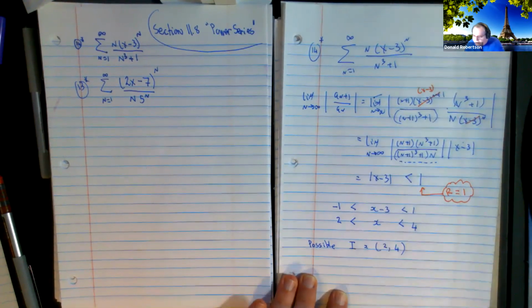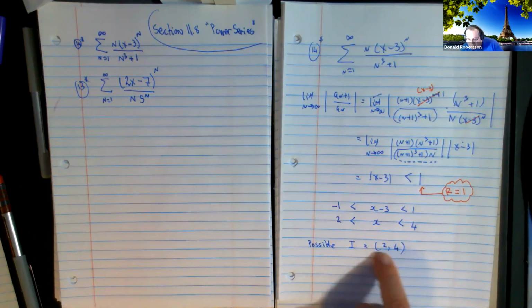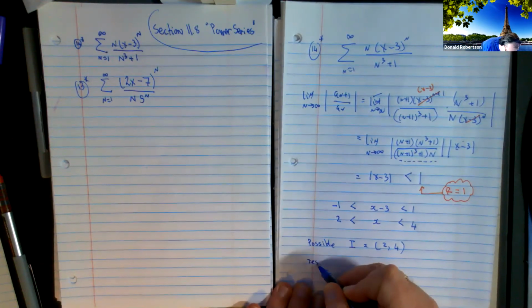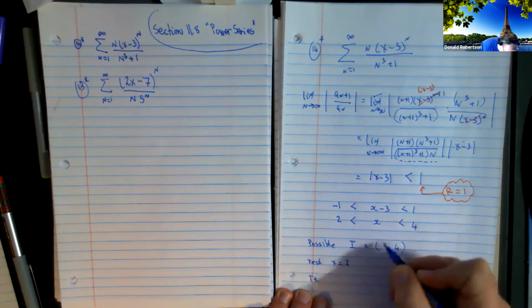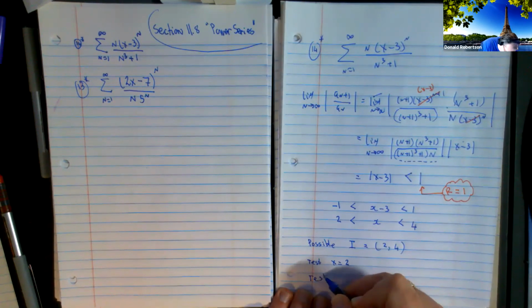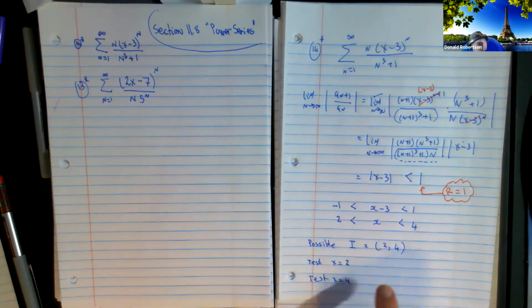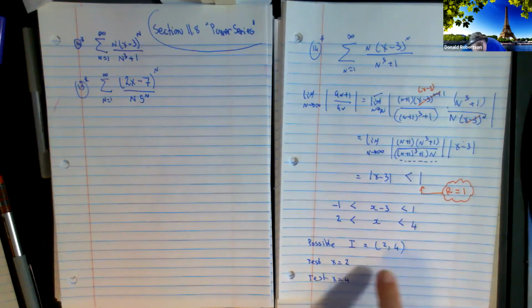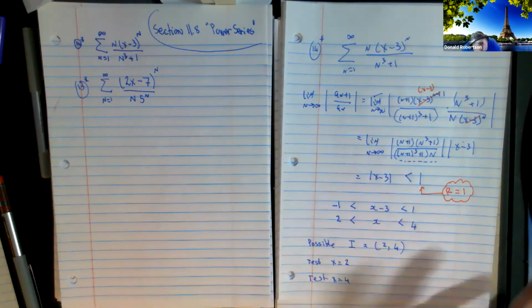So this power series will converge as long as x is between 2 and 4. And then we test x equals 2, that's this endpoint, and we also have to test x equals 4, this endpoint. And we may or may not get a convergence on either or both of these. And if we do, then that curved bracket will turn into a square bracket, meaning that you can use 2.